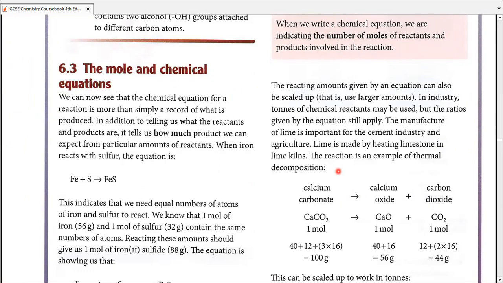Now, the mole and the chemical equations, this topic itself is actually bifurcated into two parts. The first part is rather easier, and we just try to go with the simpler ratios.